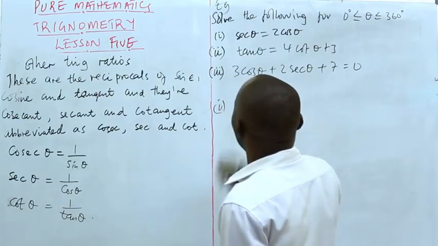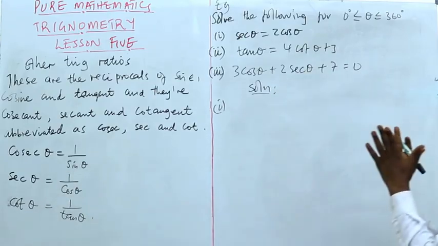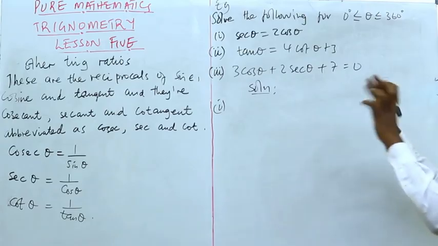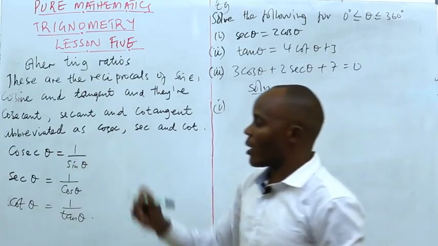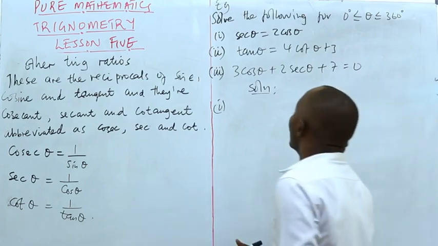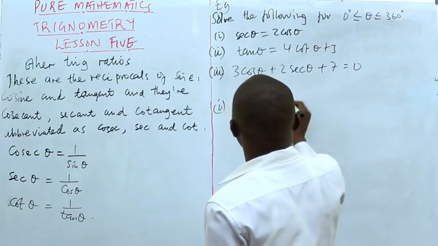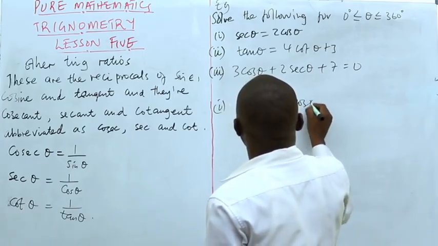Number 1. I've said, having known this, we can solve questions involving the sec or the cosec or the cot of any angle. So, sec theta is equal to 2 cos theta.